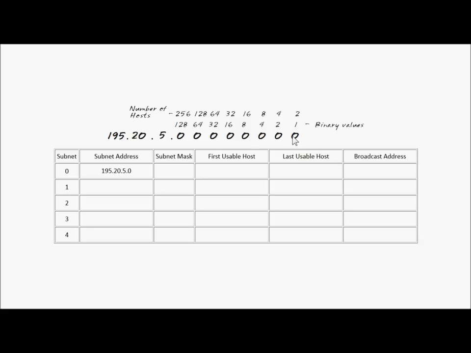So we're going to come up here and see which bit will hold 66 hosts. 2, 4, 8, 16, and 32 aren't large enough to hold 66 hosts. 64 is almost large enough, but it's not enough to hold 66 hosts, so we're going to have to go into this bit, which will put your line of demarcation right here.